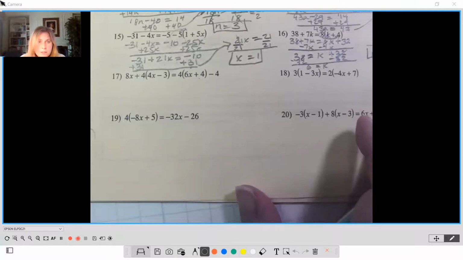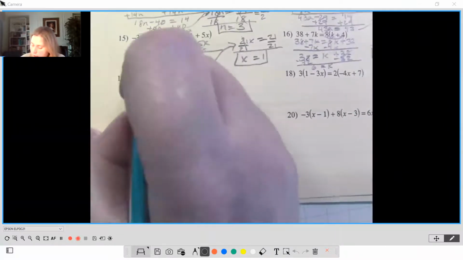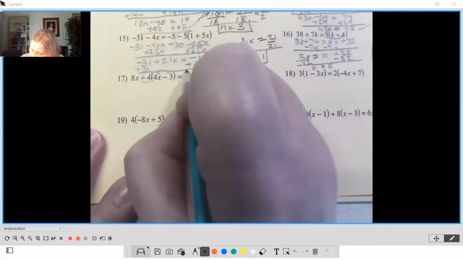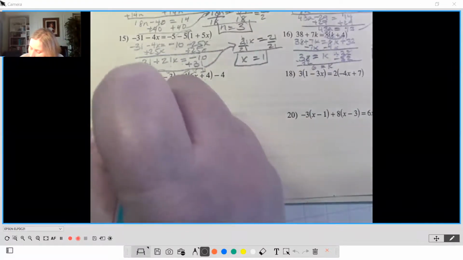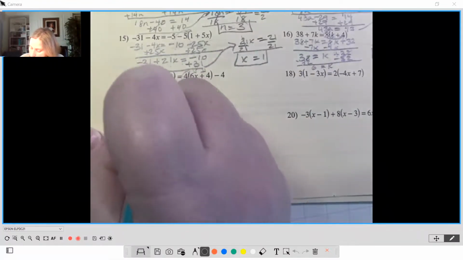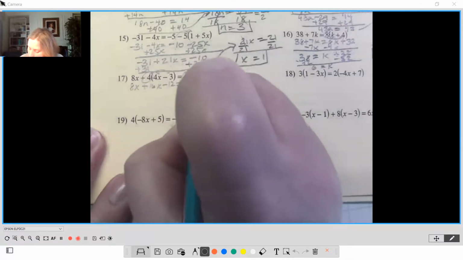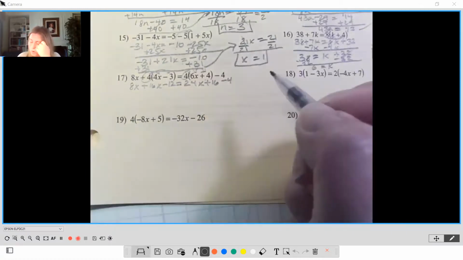Okay, 17, we need to distribute on both sides of the equal sign. So let's go ahead and do that. Eight x plus 16x minus 12 equals 24x plus 16 minus 4.